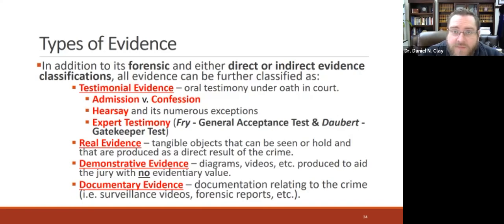Let's say the case involves, I don't know, nuclear fission, and I need to know the intricacies of nuclear fission to interpret the evidence correctly.